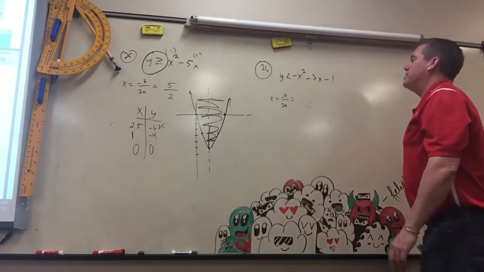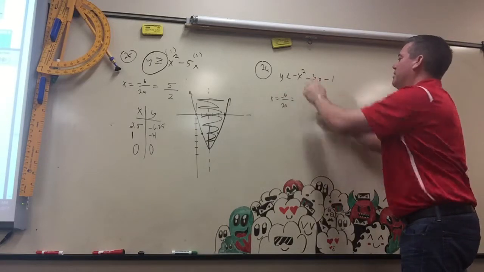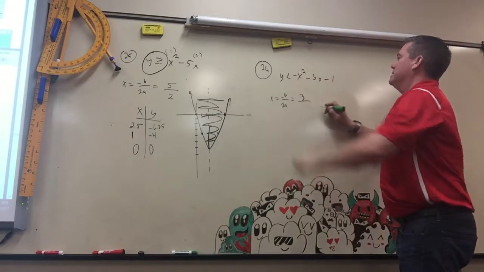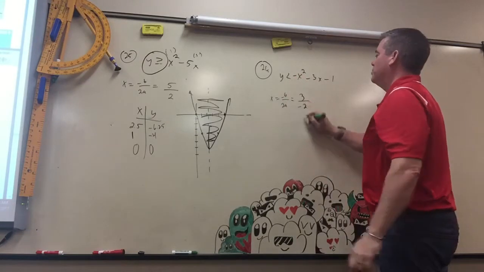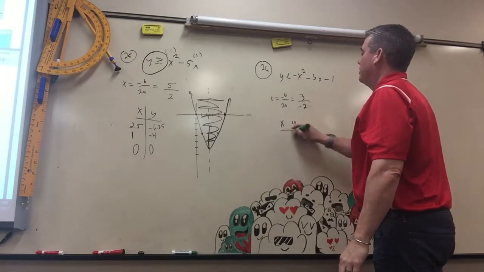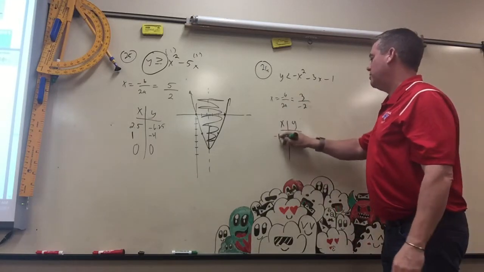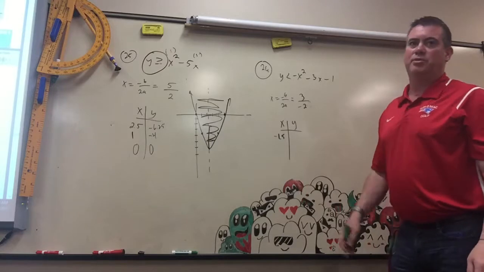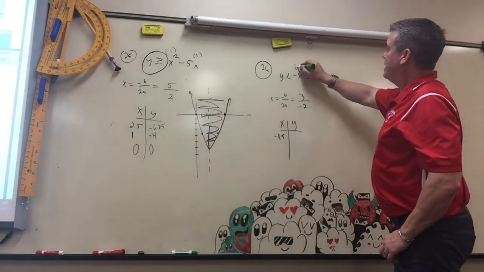So on 26, B is a -3, so negative, negative makes 3. A is a -1, 2 times -1 is -2. So you could leave it -3/2, but that's -1.5. 3 divided by 2. So we gotta plug that in.